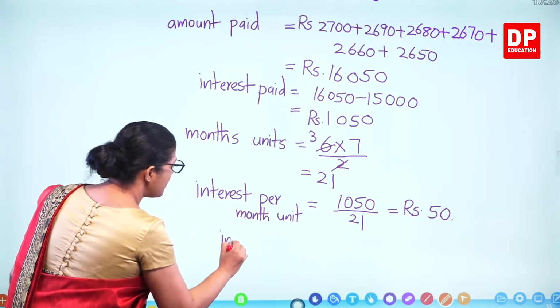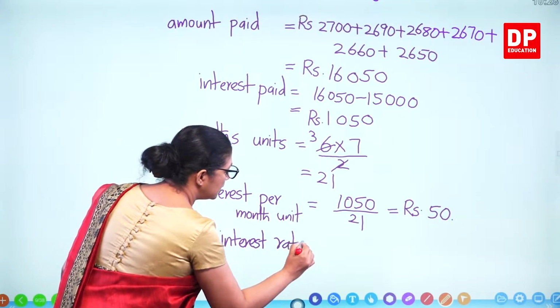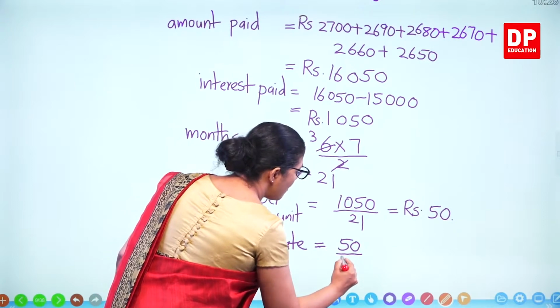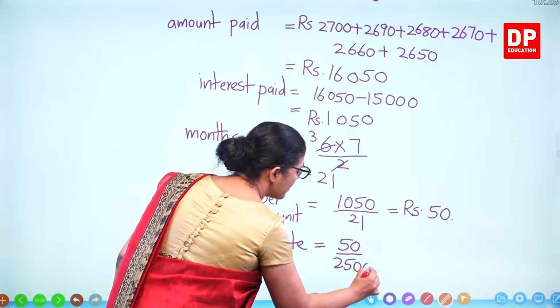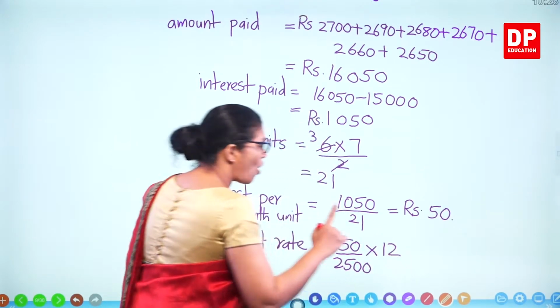We can write interest rate. 50 rupees you are paying for a month for 2,500. And we have to multiply by 12 for 12 months.